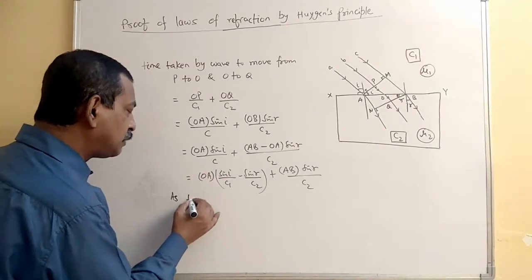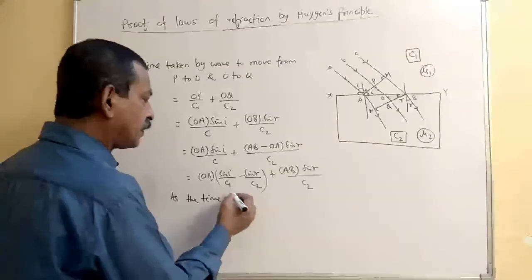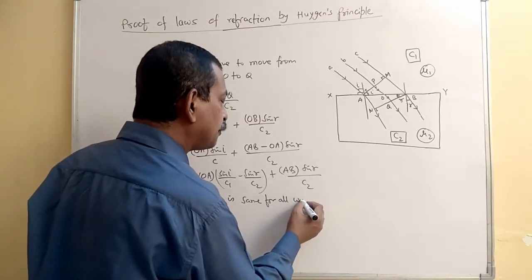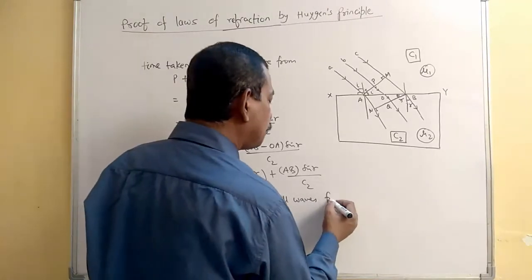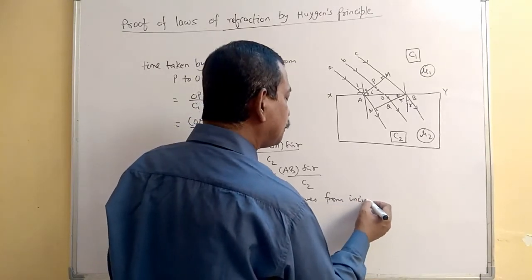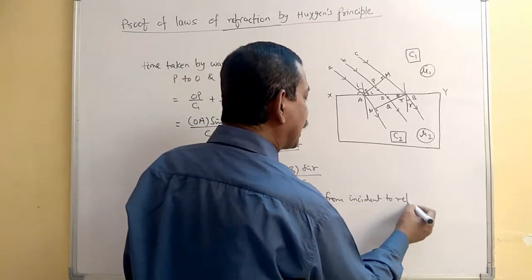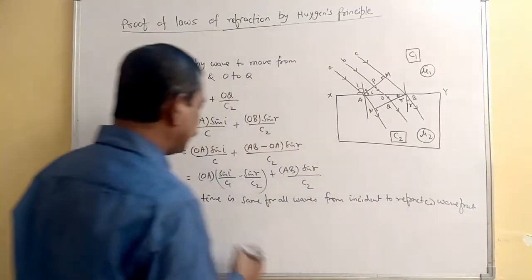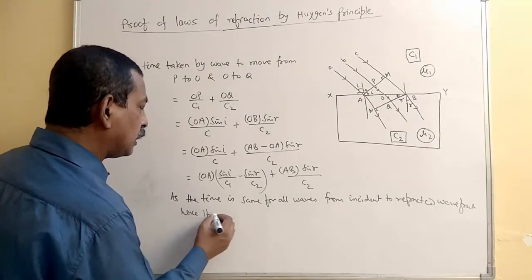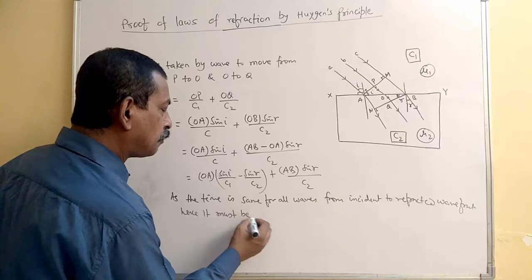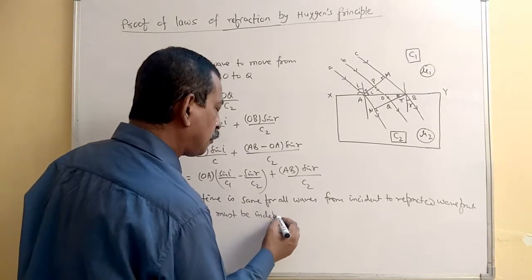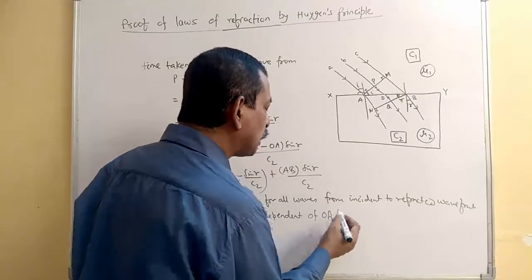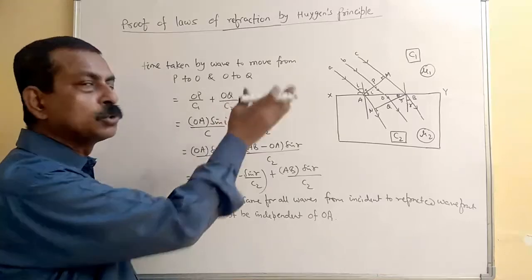So as the time taken is the same for all waves from the incident to the refracted wavefront, hence it must be independent of OA, because this is the particular term which is different from one wave to another.